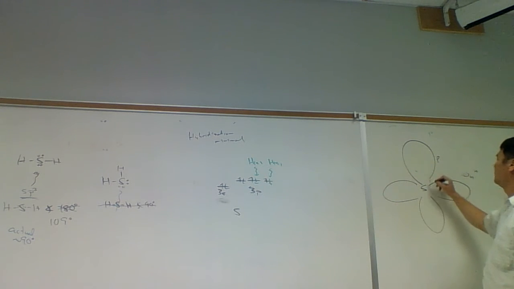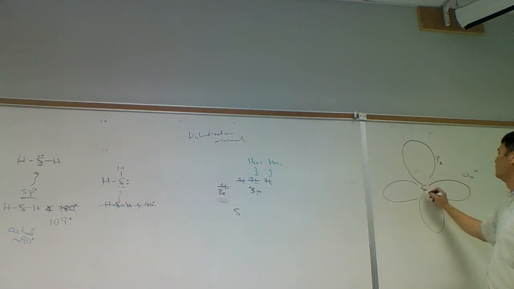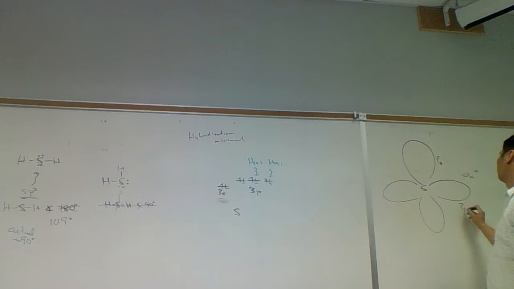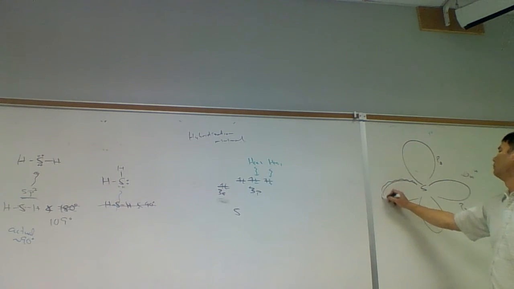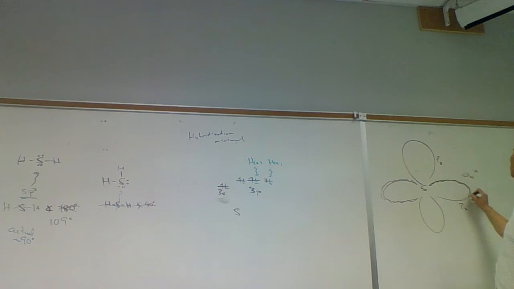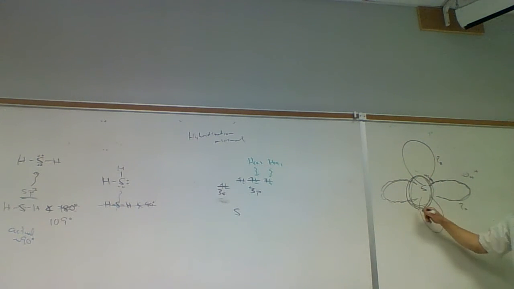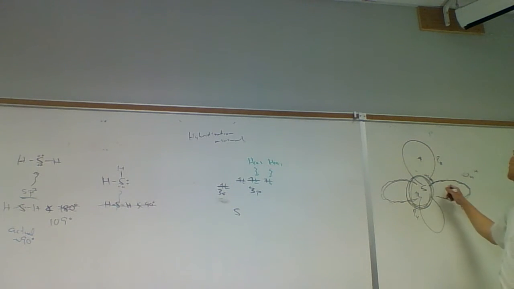So this is a Pz, and then this is a Px here. And then the Py is going to have a lone pair in there. So we'll put the Py with a lone pair, the Pz with a single electron, the Px with a single electron, and then we have the S. And the S we'll just put with a lone pair in here.